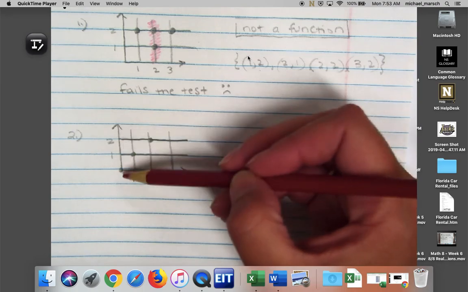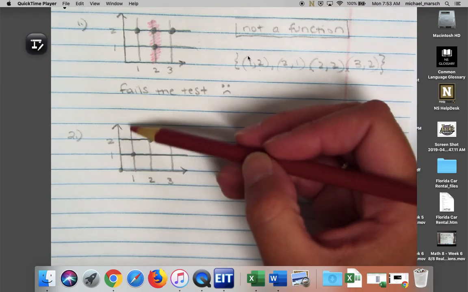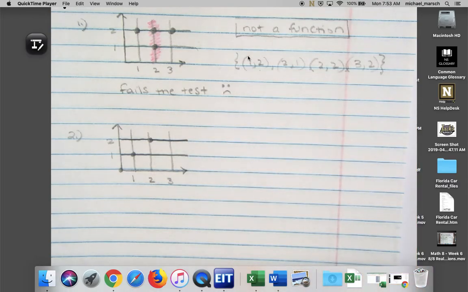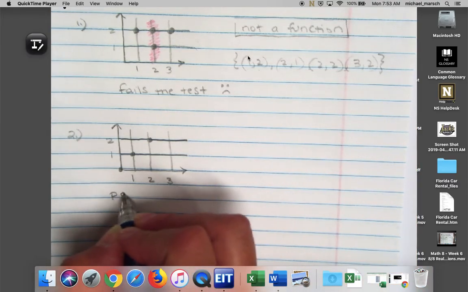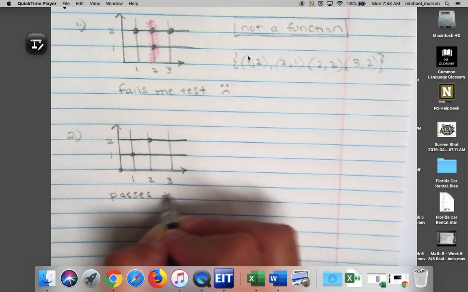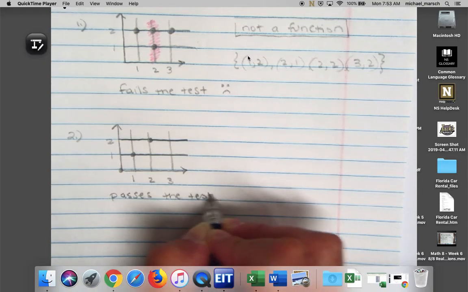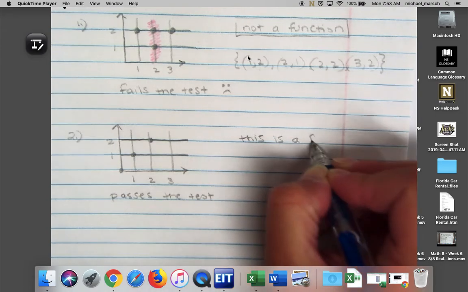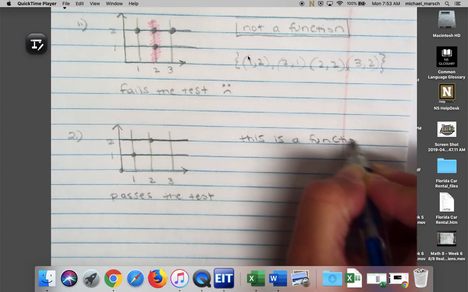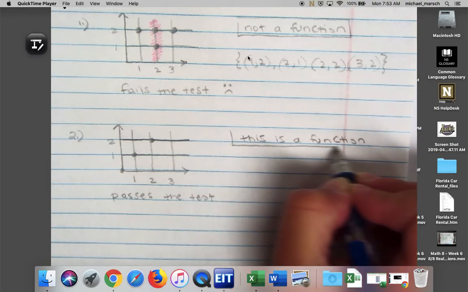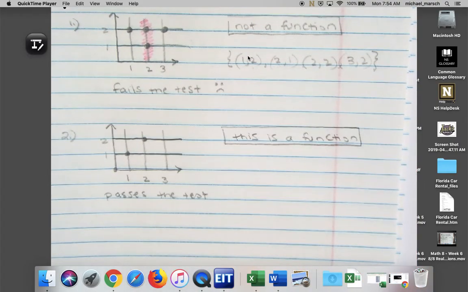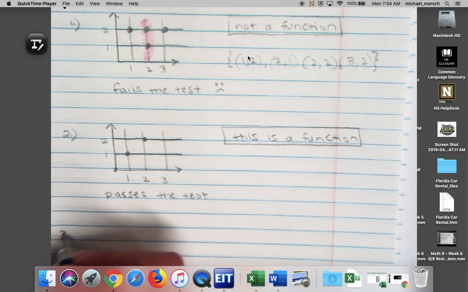Well, if I draw a vertical line anywhere on this, does it go through more than one point? Nope, this passes. So this passes the vertical line test. This is a function. Okay, pretty easy, right?